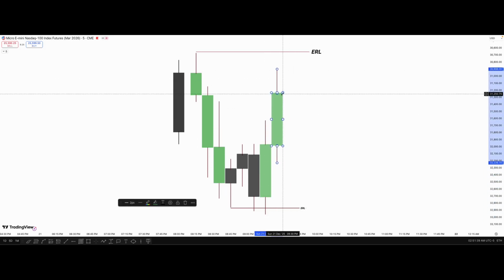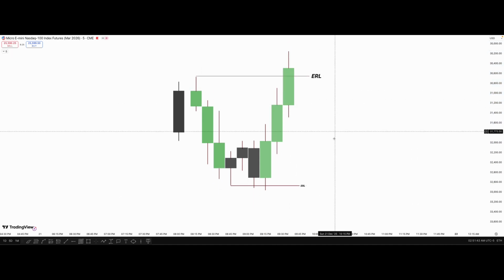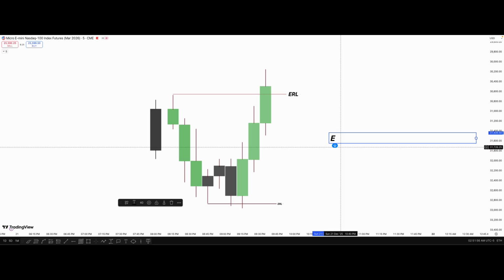Like this. This phase is known as what? This is your ERL to ERL expansion. So ERL to ERL expansion is what?